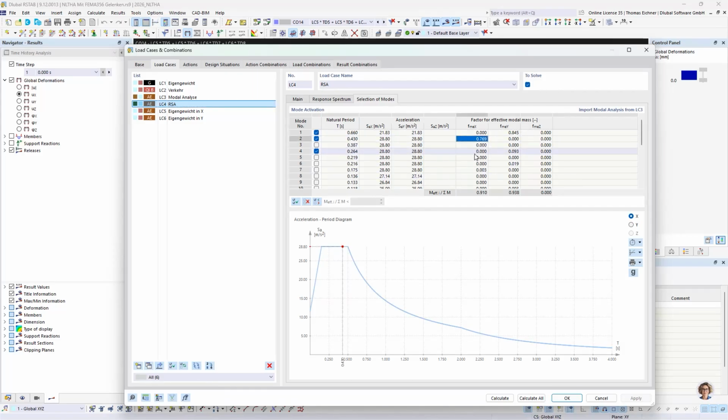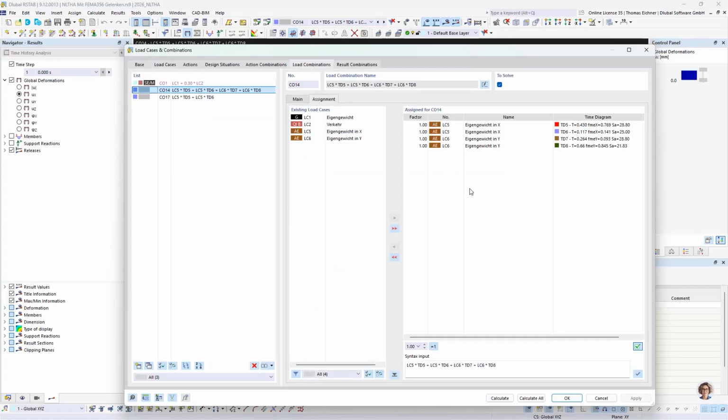So I did a non-linear time history in the end, where I said 0.845 times this acceleration of the first mode, I will apply with this frequency of the first mode, and then I will also use this mode with 9.3% with that acceleration and that period and so on. Let's look at what I mean here. Here you can see it. I used the self-weight in X.